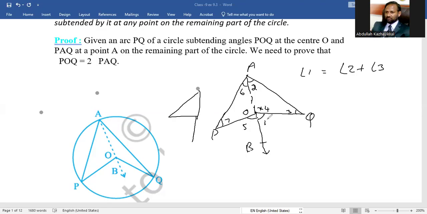Here also I can say the exterior angle 5 is equal to angle 6 plus angle 7. There is no doubt. Before that, angle 1 is equal to angle 2 plus 3. Now look, you can see the beauty of math.